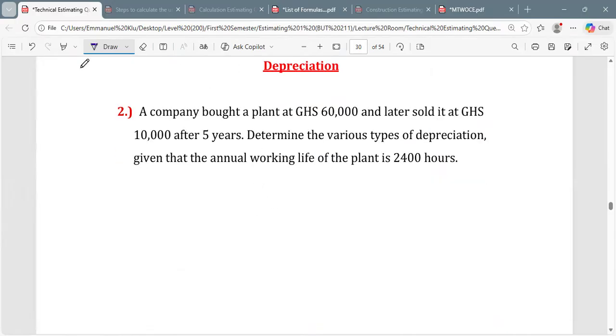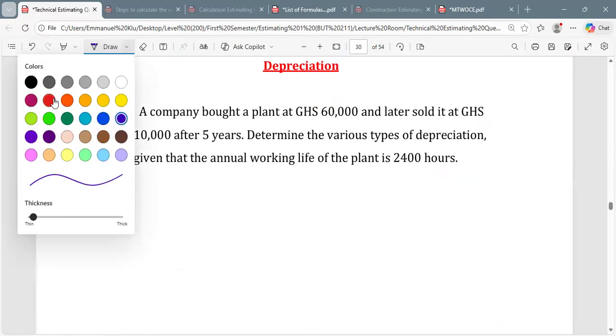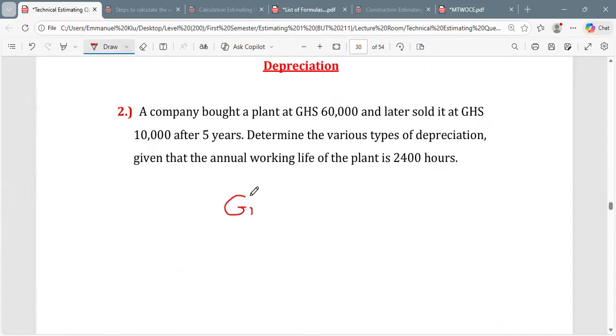So this is our given. Okay, let's not waste more time at all. A company bought a plant at 60,000.